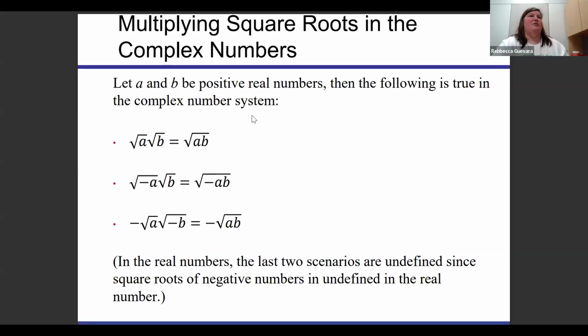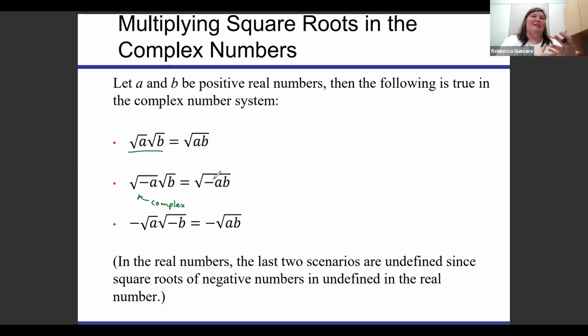So we had just demonstrated this. If I have two numbers that are positive numbers, then what I can do is, like I said, if I have square roots and they're multiplied together, I can just bring them together and multiply them. If one of them happens to be complex and one is real, what we saw is that that negative got pulled inside when we multiplied the square roots.